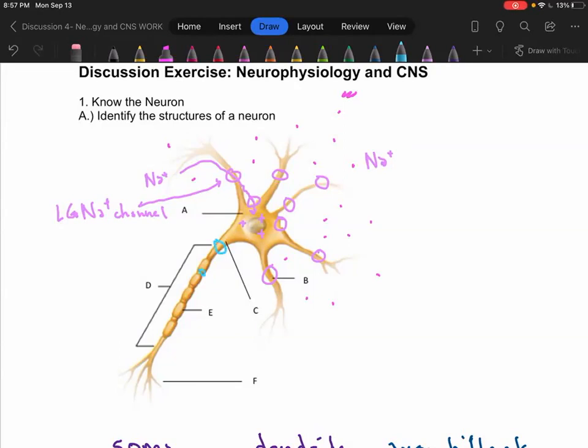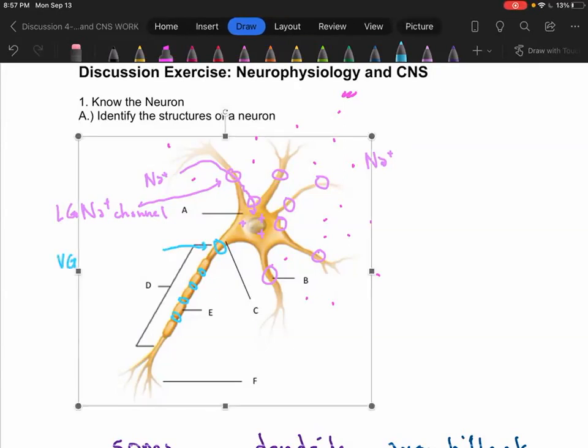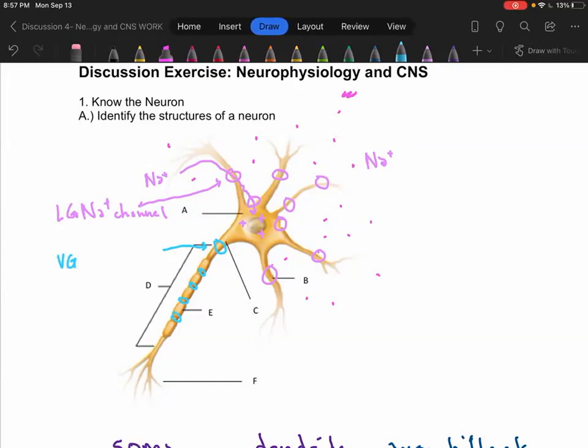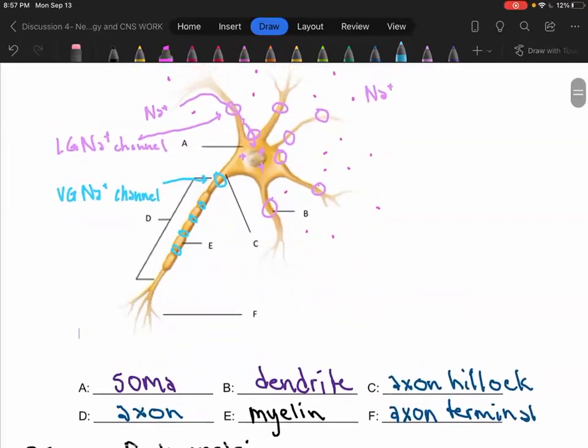I'll write that out for you. Voltage-gated sodium channels. And those will open again because we have changed the voltage inside of our neuron, inside of our cell.